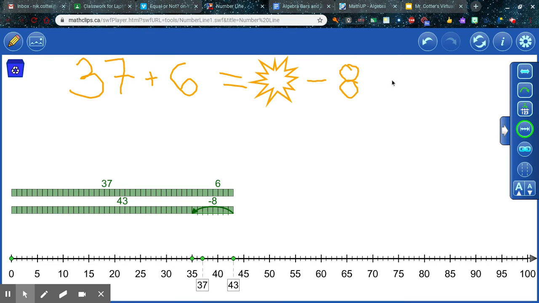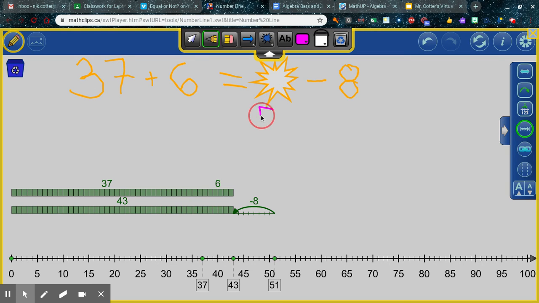So what I want to think about instead is that I actually am going to have to take away 8 and still get back to the 43. So instead, I'm going to say, well, if I have to take away 8, I want to move that part. Ah, 51. So if I was to say 51 minus 8, let's test that out. 51 minus 8.